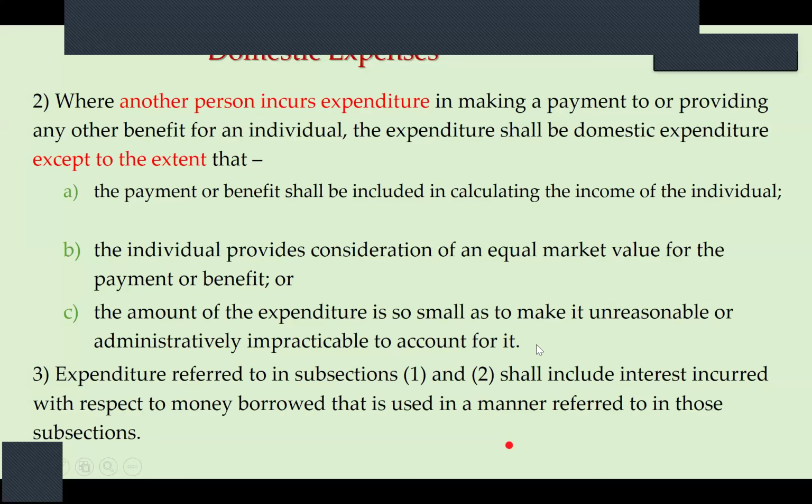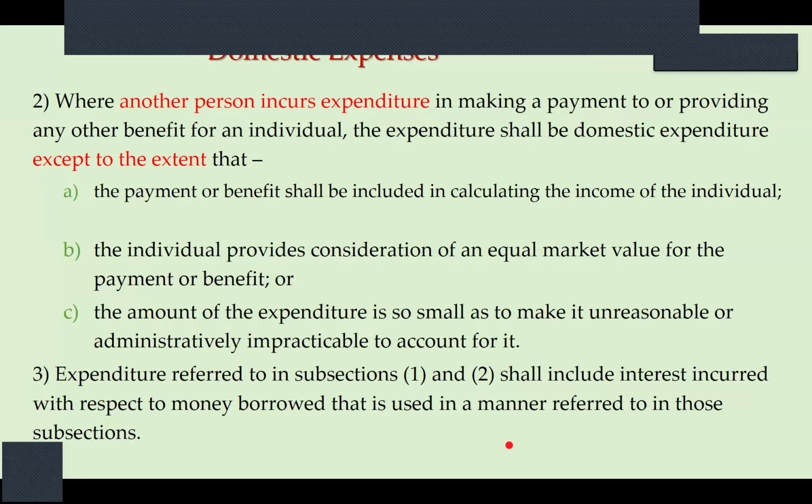impracticable to account for it. So I think you can remember, when we are considering an employee's benefits, when we are calculating employment income, under employees' benefits, we excluded this kind of unreasonable and impracticable amounts. I have given you an example like tea. In the organization, the employer provides tea, some snacks to their employees.